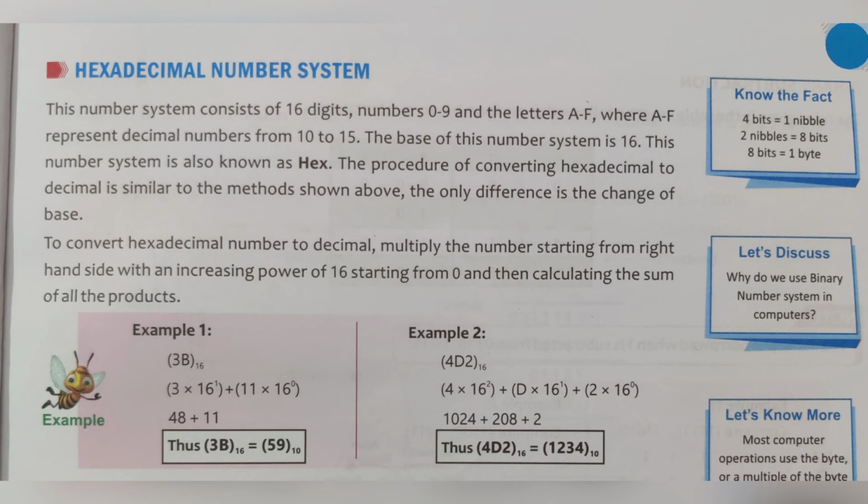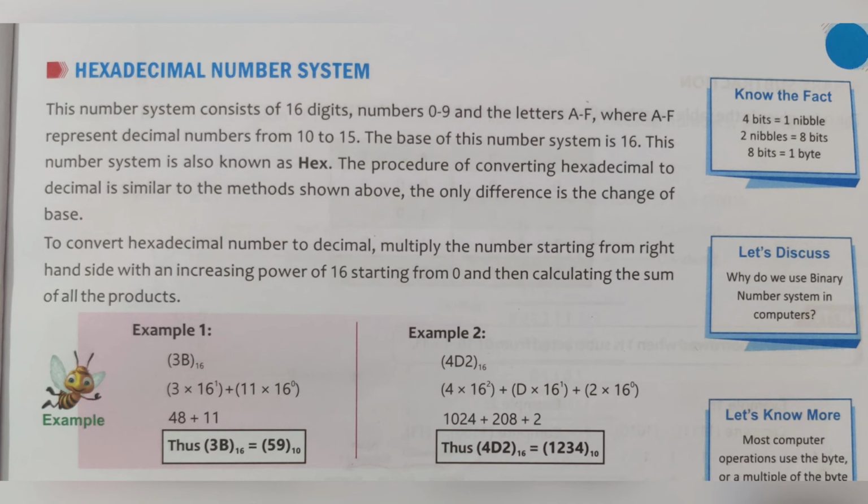To convert hexadecimal to decimal, multiply the digits starting from the right-hand side with an increasing power of 16, starting from 0, and then calculate the sum of all the products.